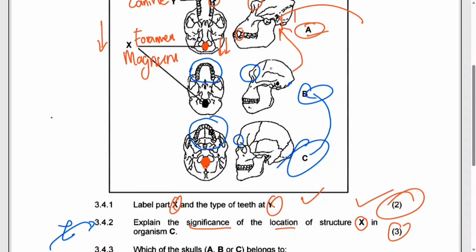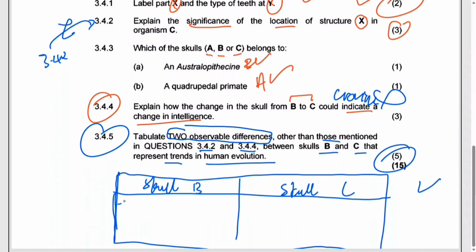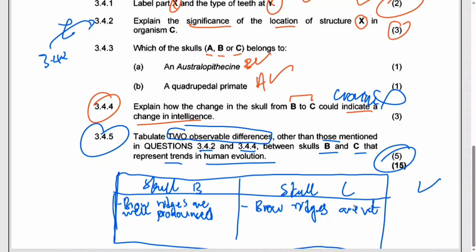For skull B, brow ridges are well pronounced, while for C, brow ridges are not pronounced, meaning they are not well developed. So you get 1 mark for the table, 1 mark here, 1 mark here.